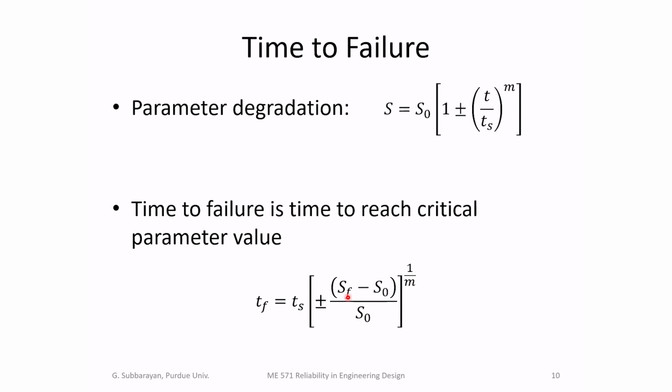We know that normal distribution is not a good model simply because normal distribution extends from minus infinity to plus infinity, whereas time to failure only goes from 0 to some large value. And the simplest time to failure parameter degradation model is a power law form, and we'll come up with other forms in modules 7 and 8. So with that, I will end module 6.1.